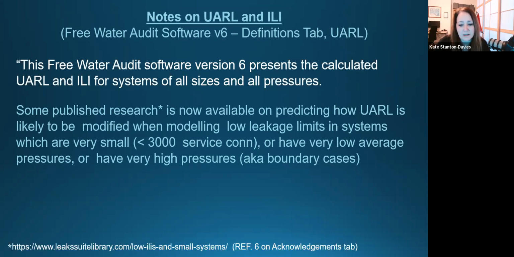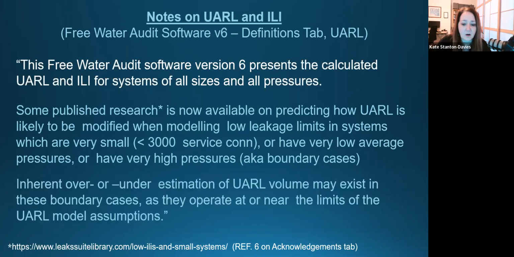A boundary case is where you have certain characteristics, where you have small systems, or very low or very high average zone pressures. In these scenarios, you may get over or underestimation of UARL volumes, because they're operating at or near the limits of the original model assumptions made in the 1999 equation.